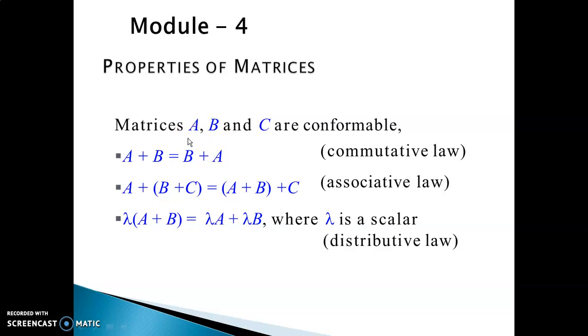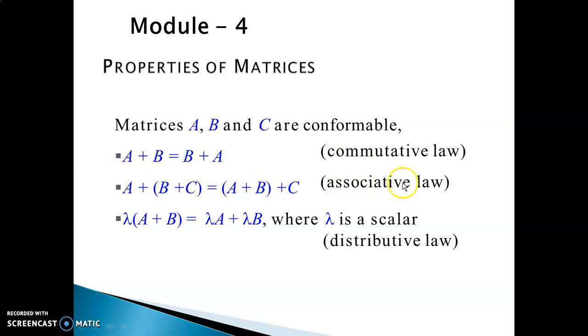property which is satisfied by the matrices is the commutative property. It means if we are adding two matrices A plus B, the value will remain the same if we add B plus A. So the commutative law holds under the addition of two matrices.